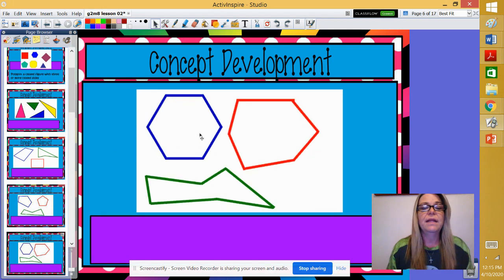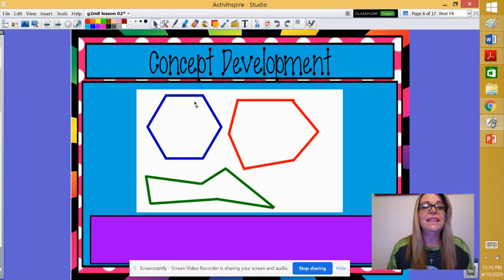All right, let's count the sides on these shapes. 1, 2, 3, 4, 5, 6. Six sides, and 1, 2, 3, 4, 5, 6 angles.